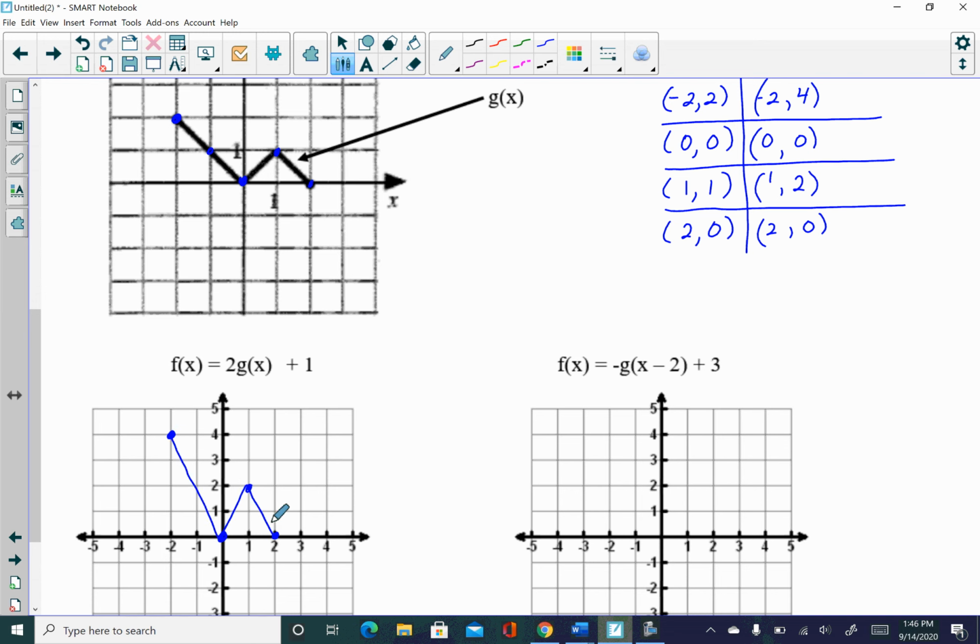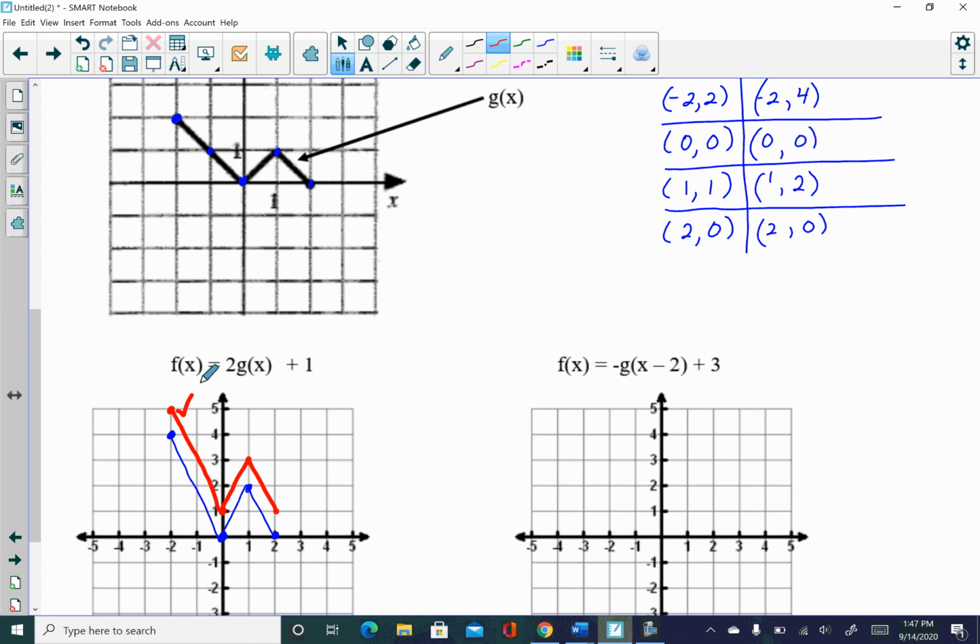Now the last thing I need to consider is that I need to do +1. Now +1 would be shifting all of these major points up 1 unit. So I'm going to take all these major points and go up 1 unit, up 1 unit, up, up. And again, my final answer here, the red line, would be the graph of 2 times g of x plus 1.